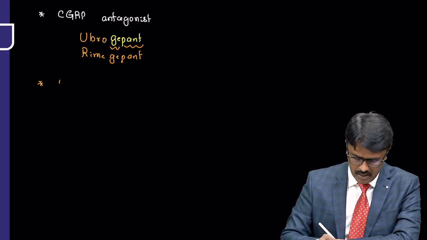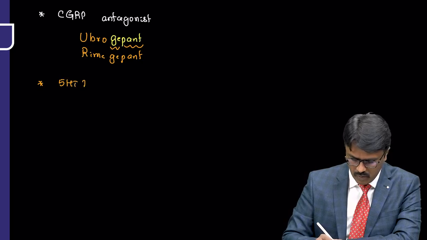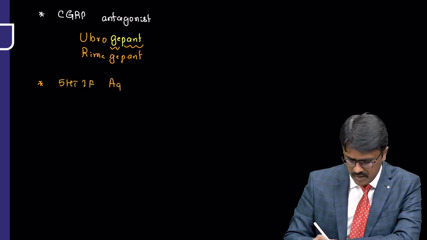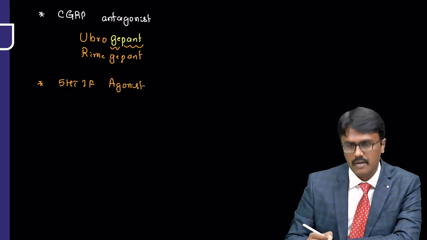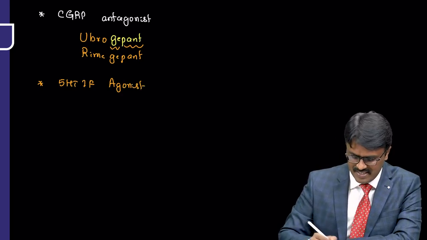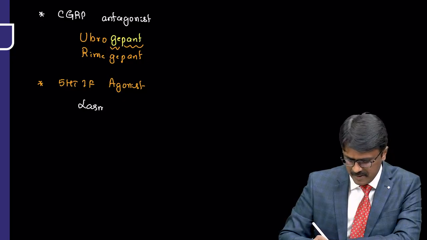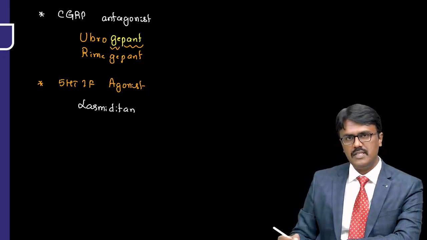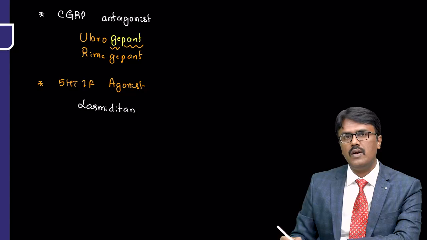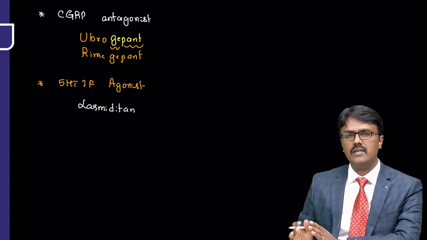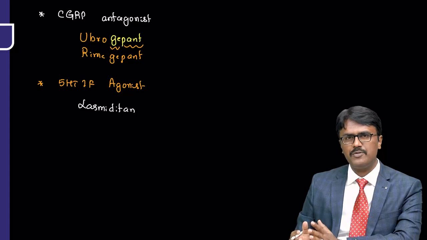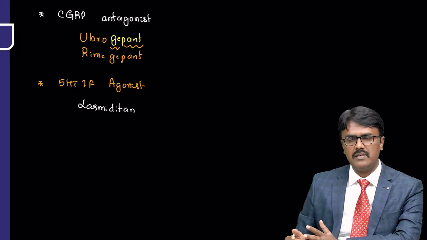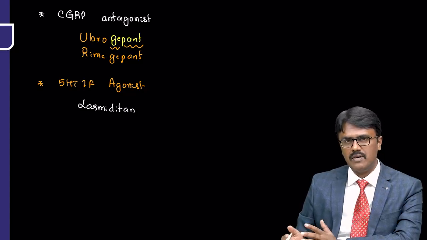Another drug recently approved is a 1F agonist. What is the name of it? Yes, it is called lasmiditan. So CGRP antagonists end with gepant, and the 1F agonist is called lasmiditan. So these are the drugs we use for acute attack of migraine. The drug of choice is triptans, and other drugs are ergot, NSAIDs, antiemetics, CGRP antagonists, and 1F agonist.